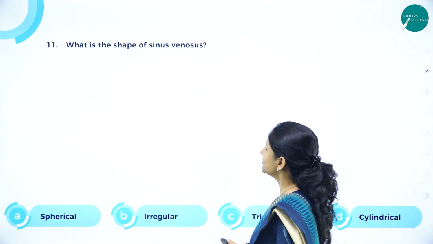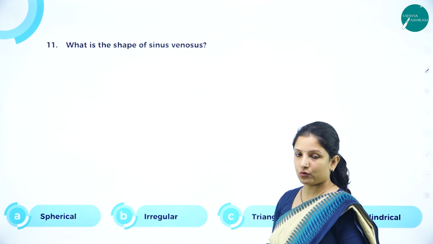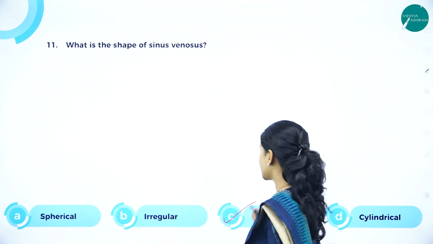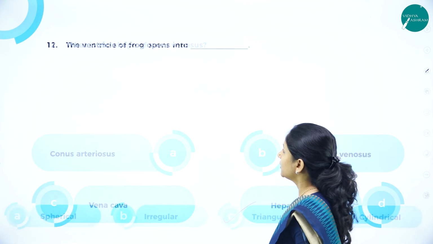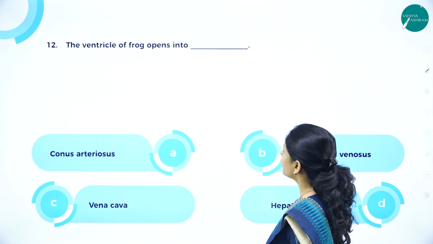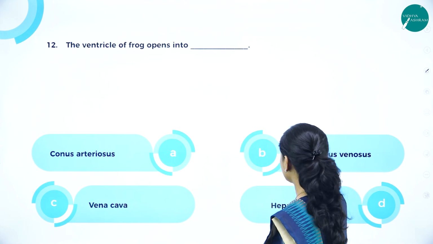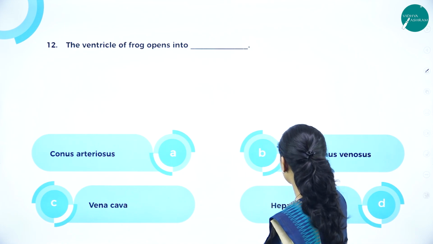Next question, what is the shape of sinus venosus? Spherical, irregular, triangle, cylindrical. It is triangular in shape. Next question, the ventricle of frog opens into conus arteriosus, sinus venosus, vena cava, or hepatic portal vein.